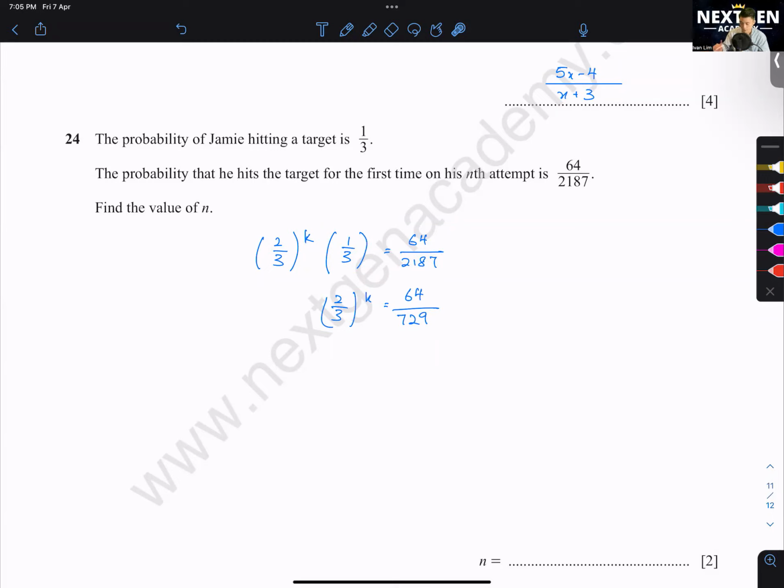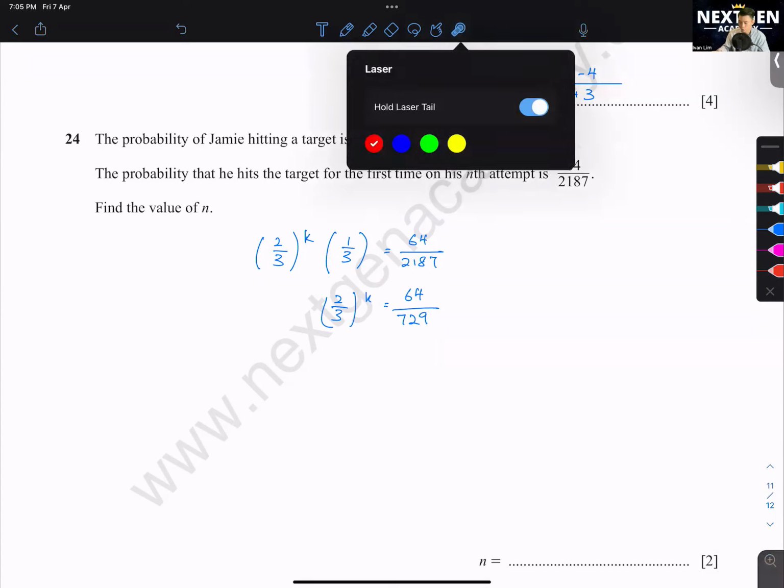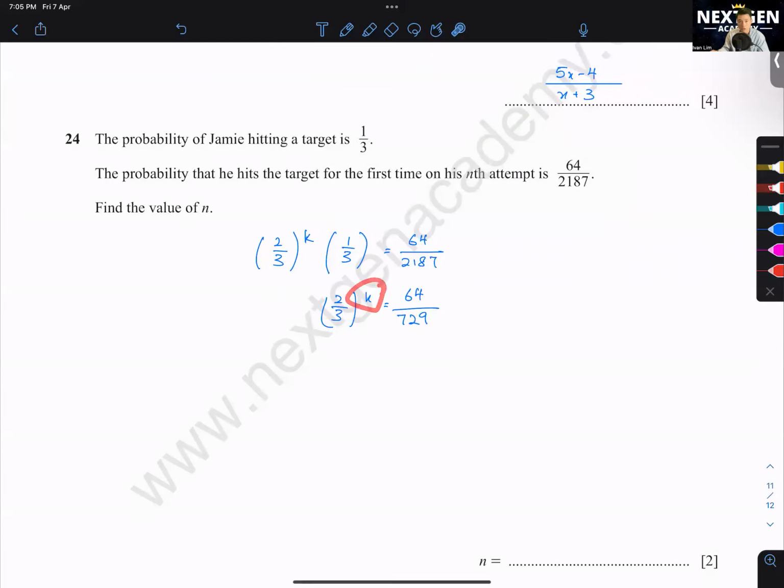Wait, Ravada, I'll get back to you. We do trial and error for this. So what we're going to do is type this into the calculator: 2 over 3, using the power x button, then x.